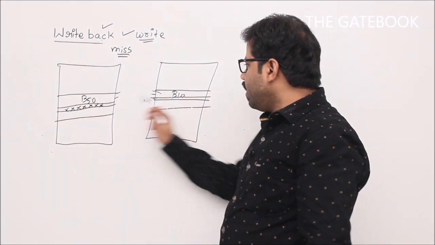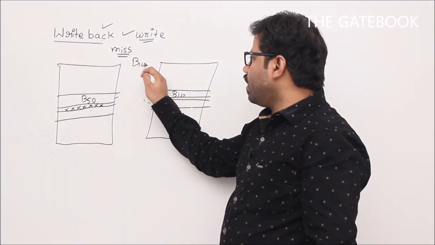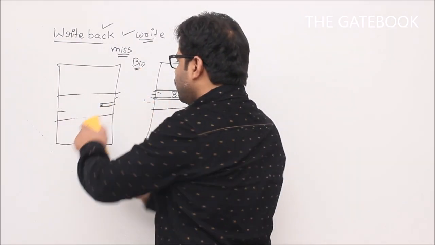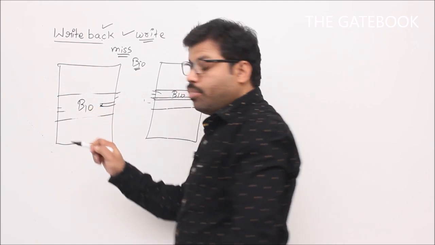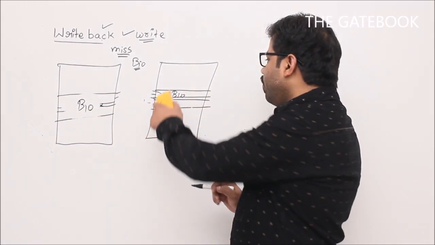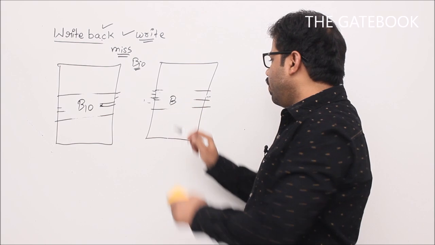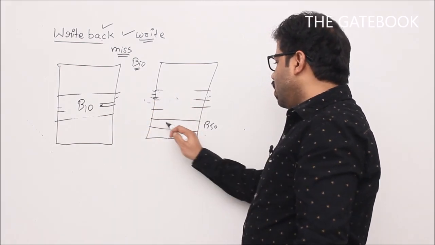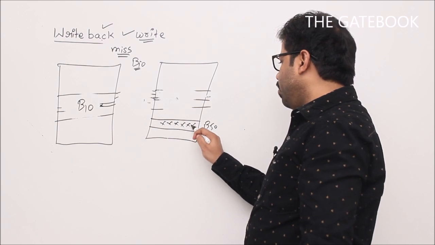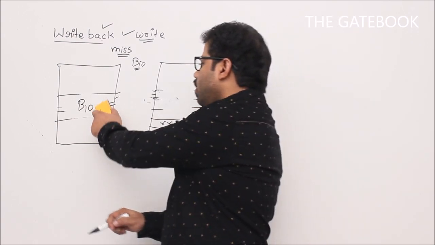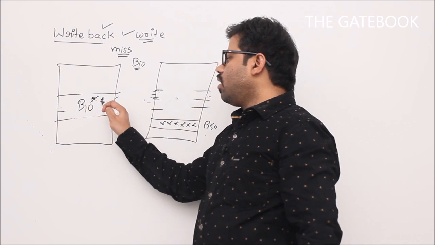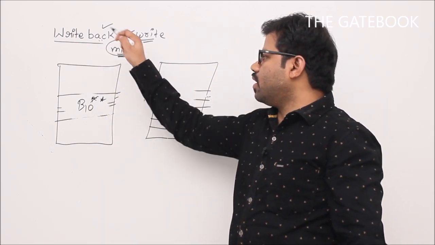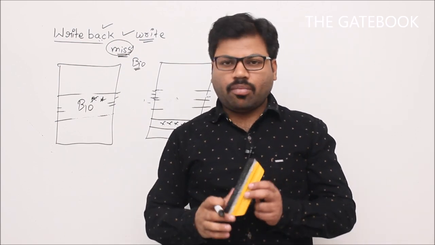You want to update B10, so first store the data of B50 back to main memory, then move B10 here and write into it. Is it not complicated? Yes, it takes a lot of time. In the write back procedure, if a miss occurs, it is a little bit complicated.